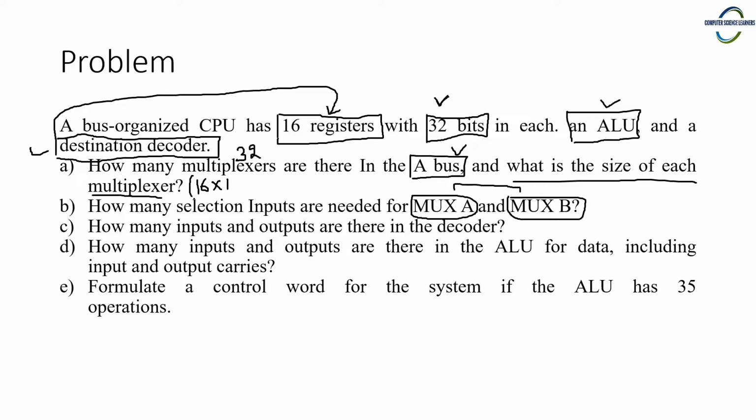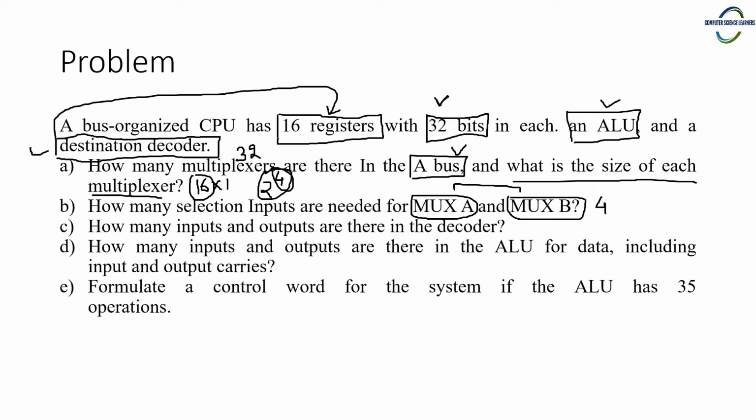The size of the multiplexer is 16, right? And 2 raised to the power 4 is 16. If you remember from the last class, if we have 2 raised to the power n inputs, then the number of select lines is going to be n. Here we have 2 raised to the power 4 inputs, so the number of select lines is going to be 4. So the answer of this part is 4.